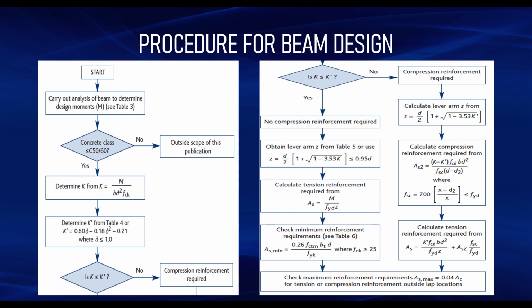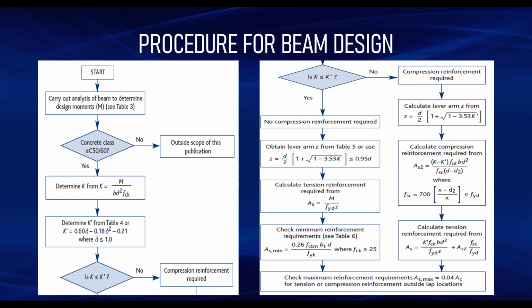According to Eurocode 2, you need to determine the concrete class for the beam. The concrete class must be less than class C50/60. The reason for this is if it is higher than that, Eurocode recommends some changes in formulas that are considered special case design.